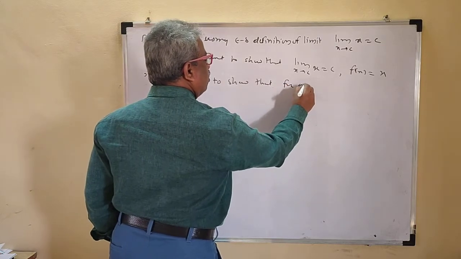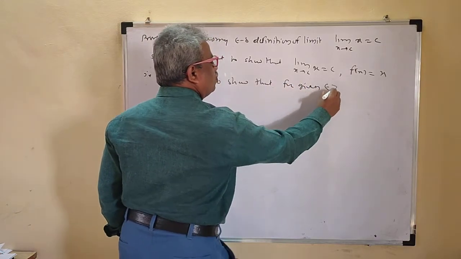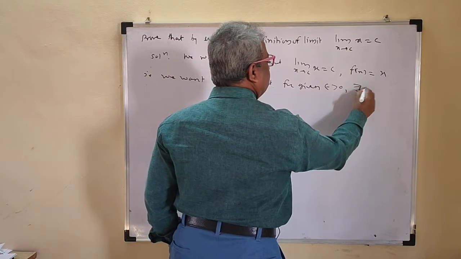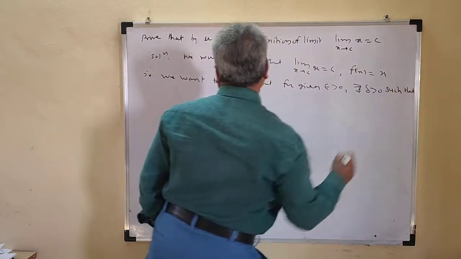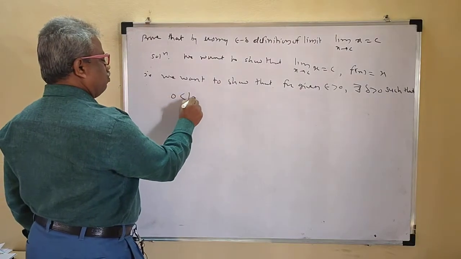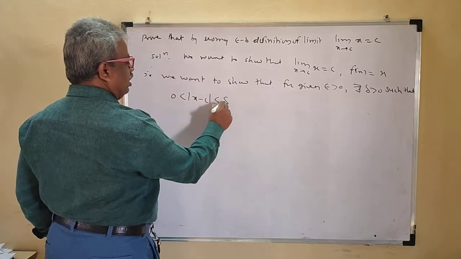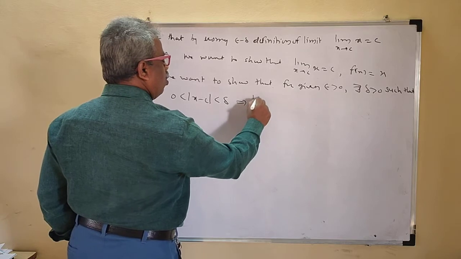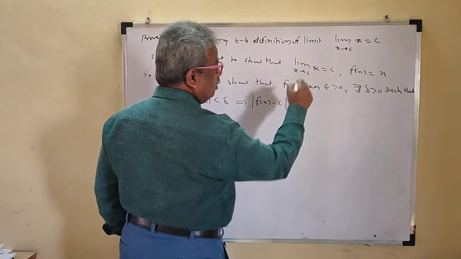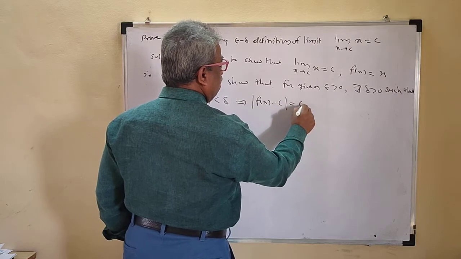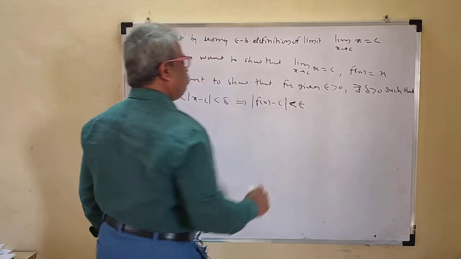That is, we want to show that for given epsilon greater than 0, there exists delta greater than 0 such that 0 less than mod of x minus c less than delta implies that mod of f(x) minus c, your limit is c now, is less than epsilon. This you want to prove.